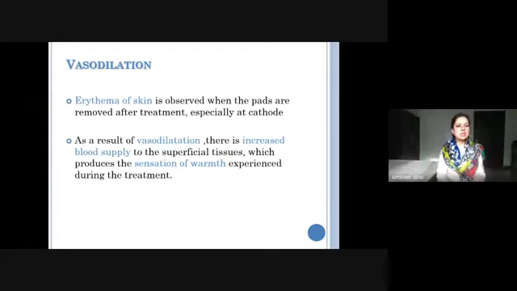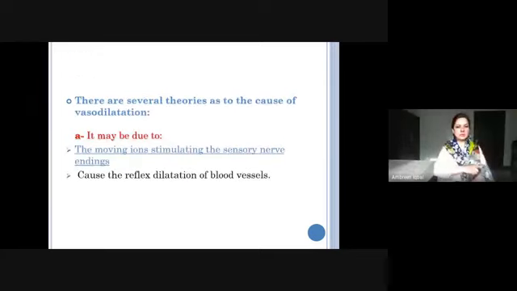As a result of vasodilation, there is increased blood supply to the superficial tissue, which produces a sense of warmth experienced during the treatment. The point here is why this vasodilation is going to occur when you apply this current. So there are several theories to justify this vasodilation.